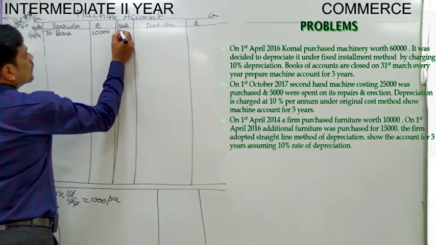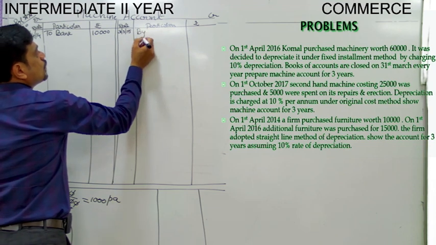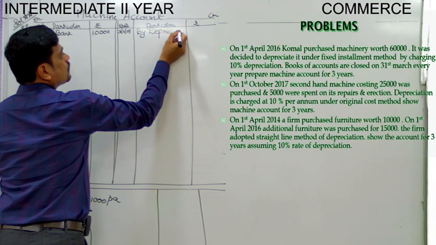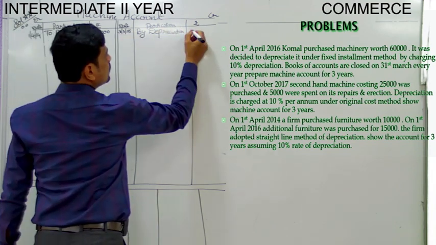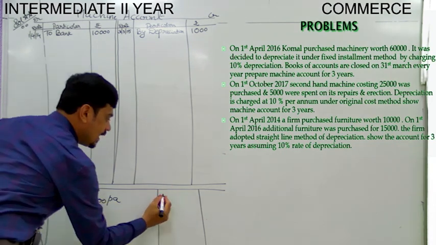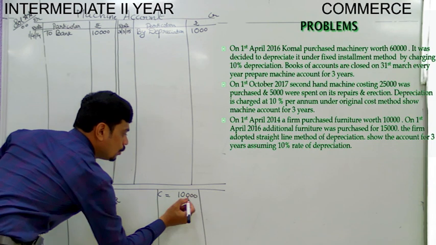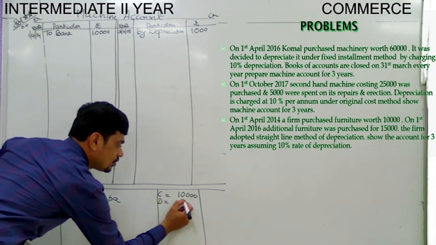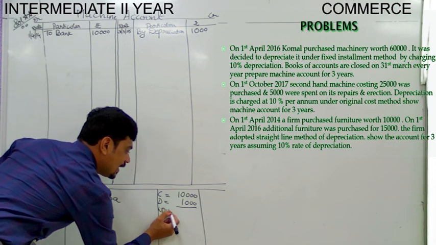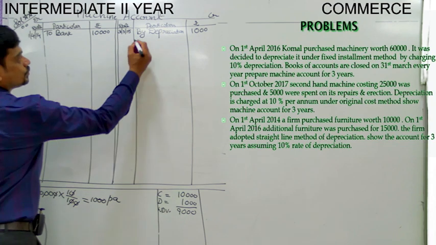So 31st March 2015, by depreciation. How much is the depreciation we charge? 1,000. I'll come to column 1 and write cost here. How much is the cost? 10,000. How much depreciation? 1,000. How much is the written down value then? 9,000. Subtraction we have to do.